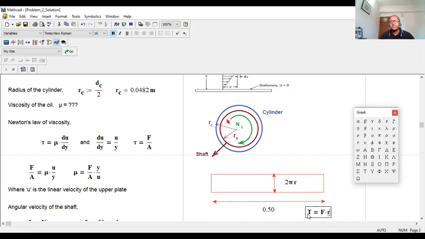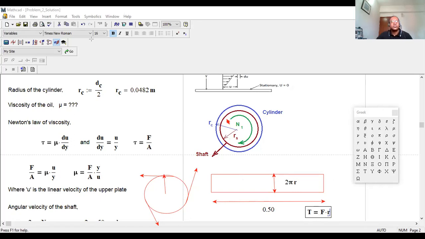It is R. If I think that this is the diameter of the shaft, and at every point the force working tangent to the surface of the shaft is F, how will the torque be? Torque will be center distance into F. So torque T equal to F into R. Torque is given, radius is given, we can figure out the F from here.